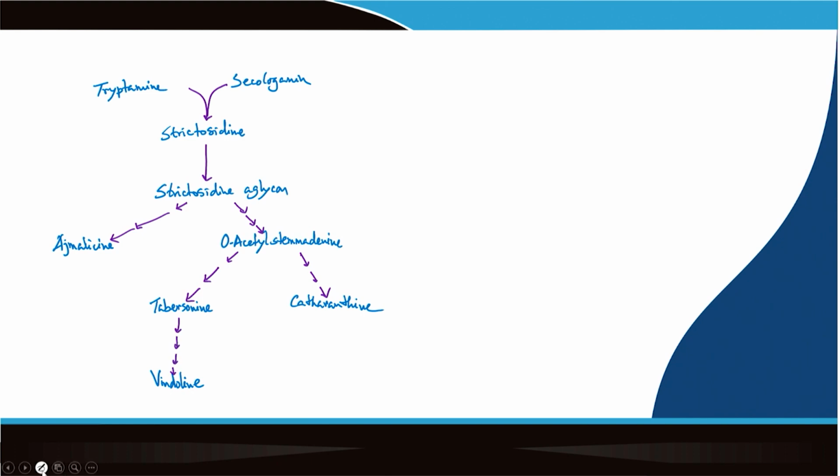Here, what we have learned recently is that the enzymes responsible for conversion of tabersonine to indole are T16H, then 16OMT, then T3O, then T3R, then NMT, then D4H, and then DAT.